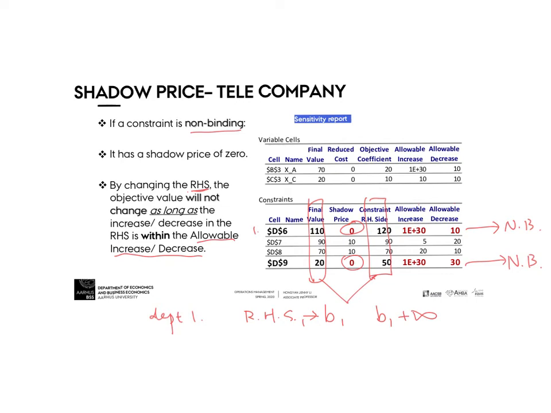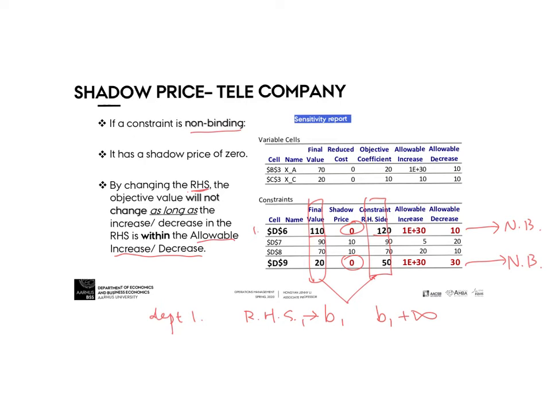We can actually see that from the result. You already have 120 hours, but under the optimal solution, you only used 110. So there are already 10 units extra. If you even give more hours, your optimal solution will not be changed.